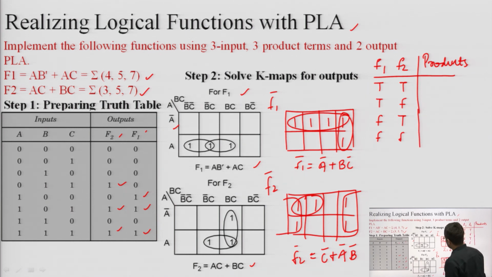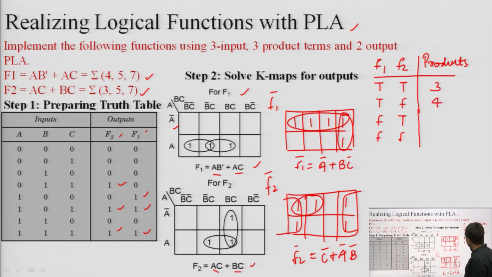In the true case, we can check AB bar, AC, AC, BC. I can see that AC is common in both F1 and F2, so there are overall 3 products. But if I take F1 and F2 complement, then there is nothing common, so there will be 4 products.